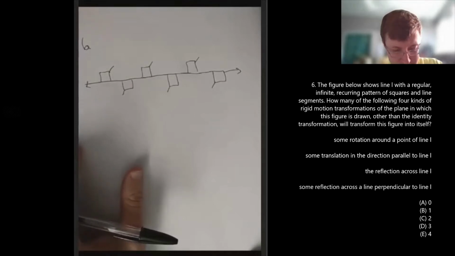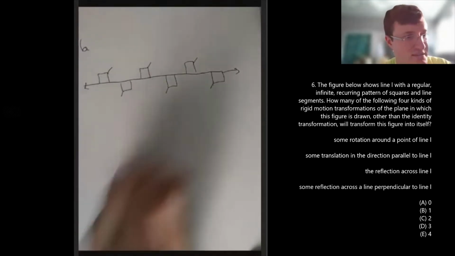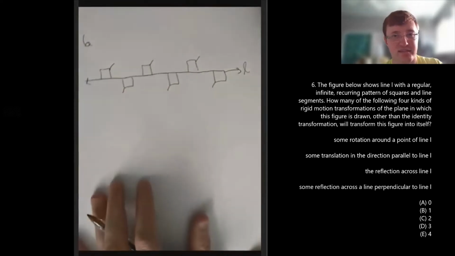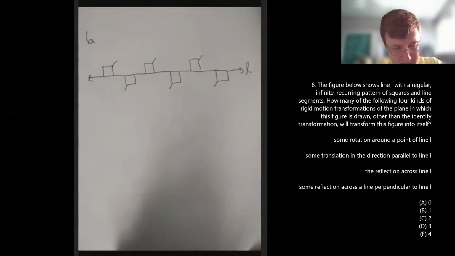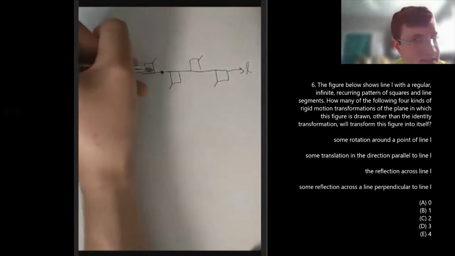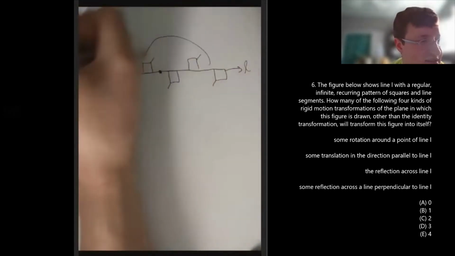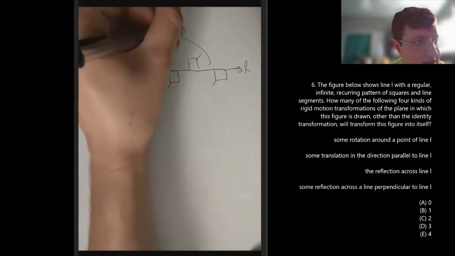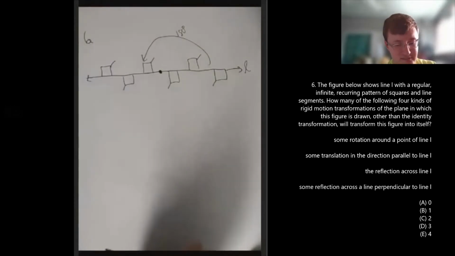Okay, so this is the line L. Okay, some rotation around a point of line L. Well, yes, that should work, because if I pick, say, the midpoint right between these two and do a 180-degree rotation, that should take it to itself.